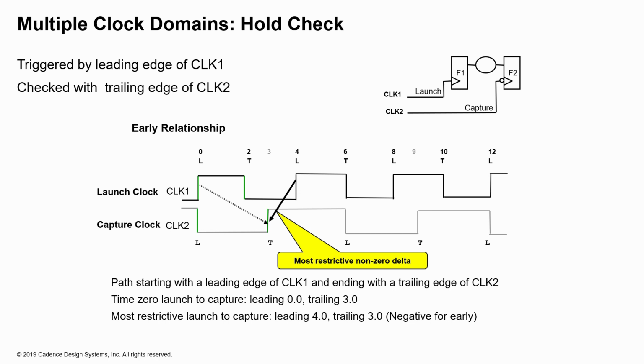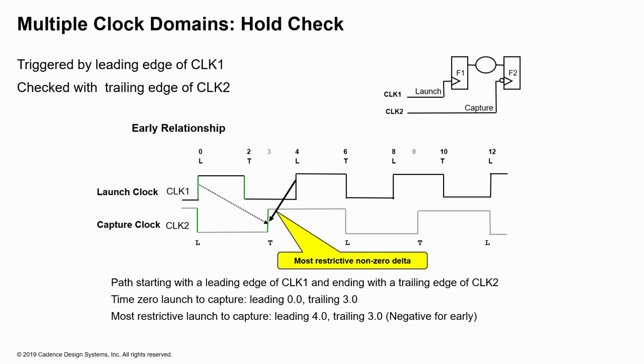So meaning if you launch at 0 and at the trailing edge of 3, if the data has not completed saving into flop 2, then you don't want the new launch at 4 to give you new data, and therefore you just want it to wait until the data is safely stored.